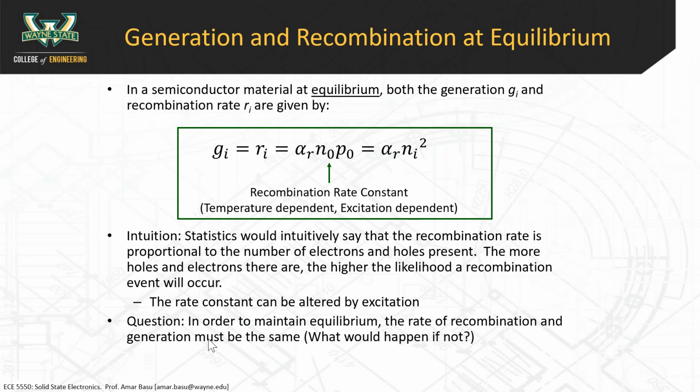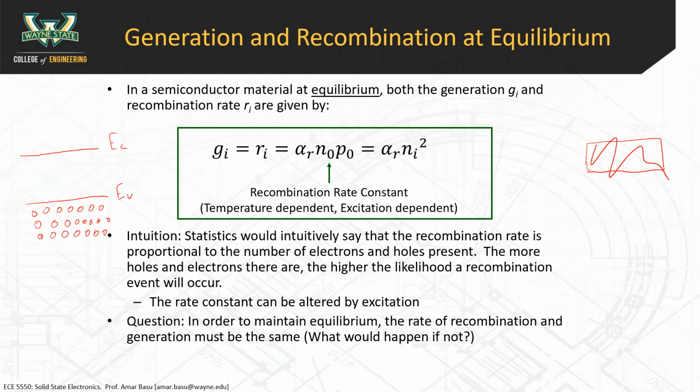So let's think about this for a second. You have a block of semiconductor material. Actually, let's draw the energy band diagram. So you have a bunch of carriers here, electrons in the valence band.